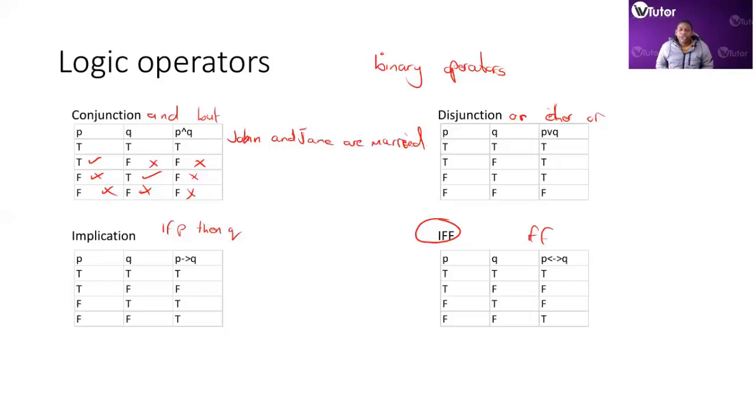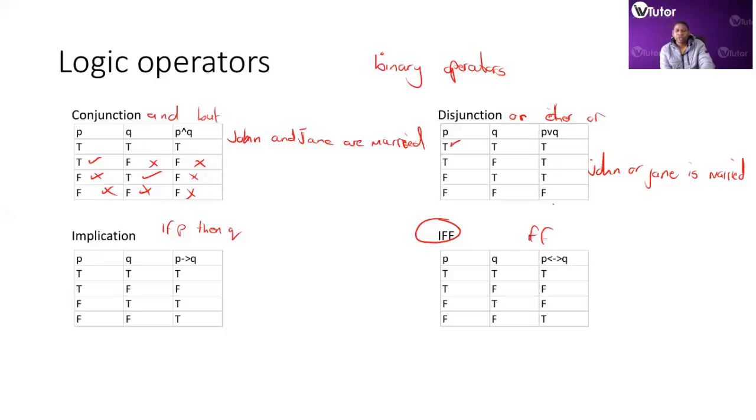Right. So let's look at disjunction. Disjunction is an either or statement. So if we take the very same statement, we now have John or Jane is married. The OR statement says at least one of these two has to be true for an OR statement to be true. So at least one means one or more.